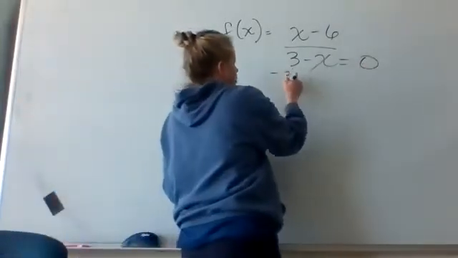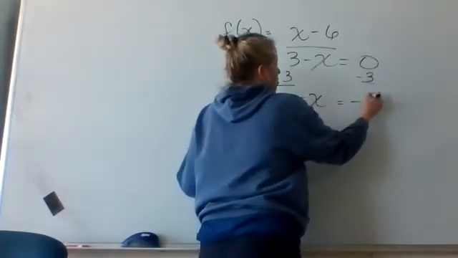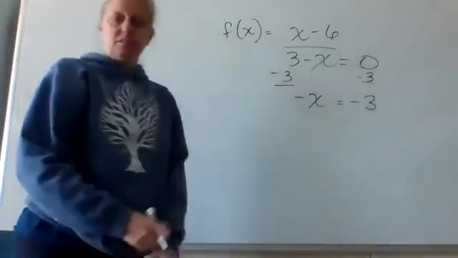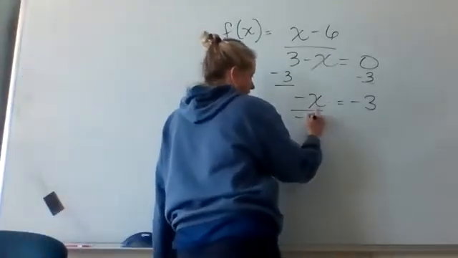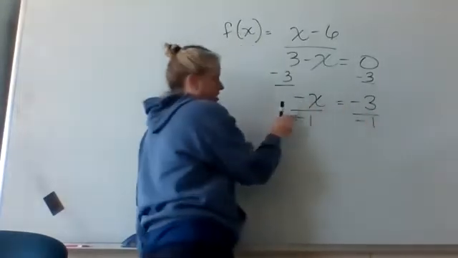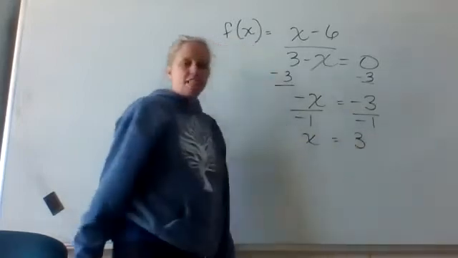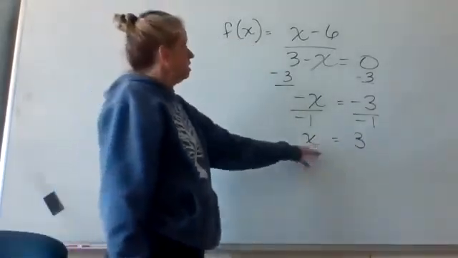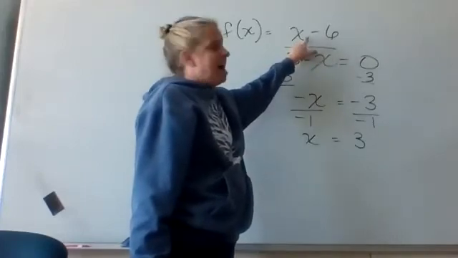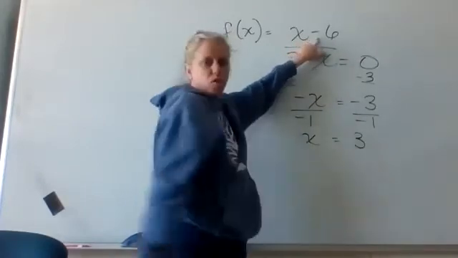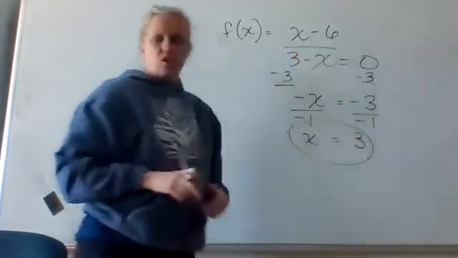So here, subtract 3 from both sides. So negative x equals negative 3. Divide both sides by that negative 1 to change that sign. So x equals positive 3. Looking at my numerator, again, it's going to create a 0 because it has an x, but it's not going to be 3, right? So that means, yes, that is a vertical asymptote.